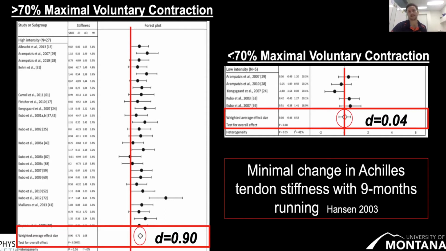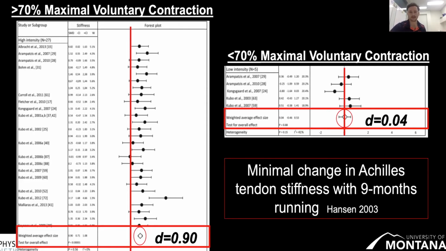These studies are looking at less than 70%, so reps of 12 to 15 as opposed to 4, 6, 8 over here. With 12 to 15 plus reps of a low load, the effect size is very, very small, 0.04, basically no effect.